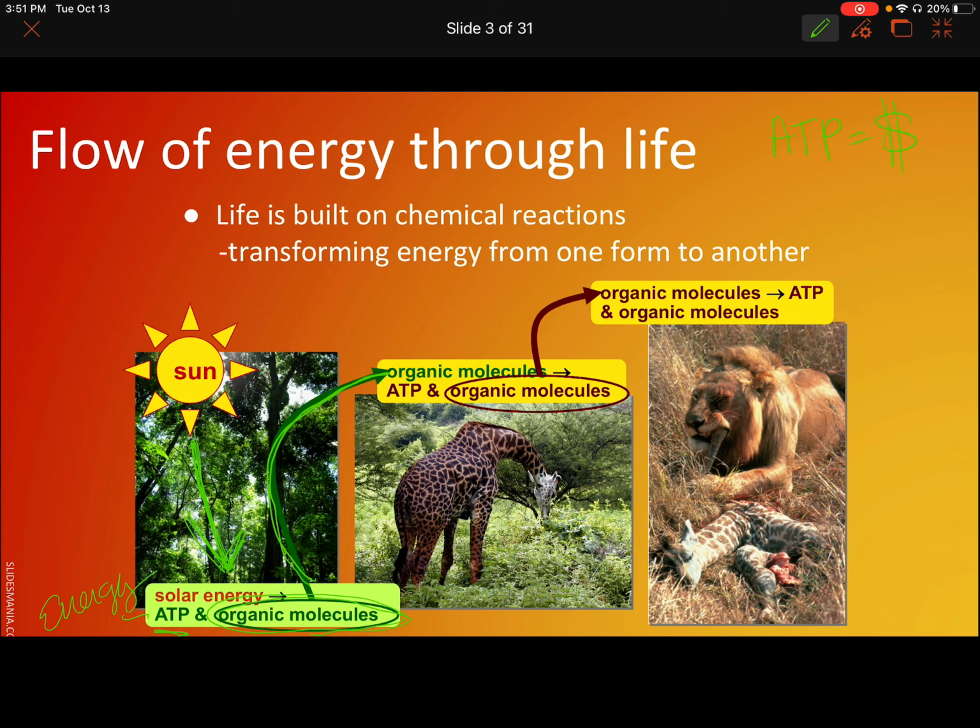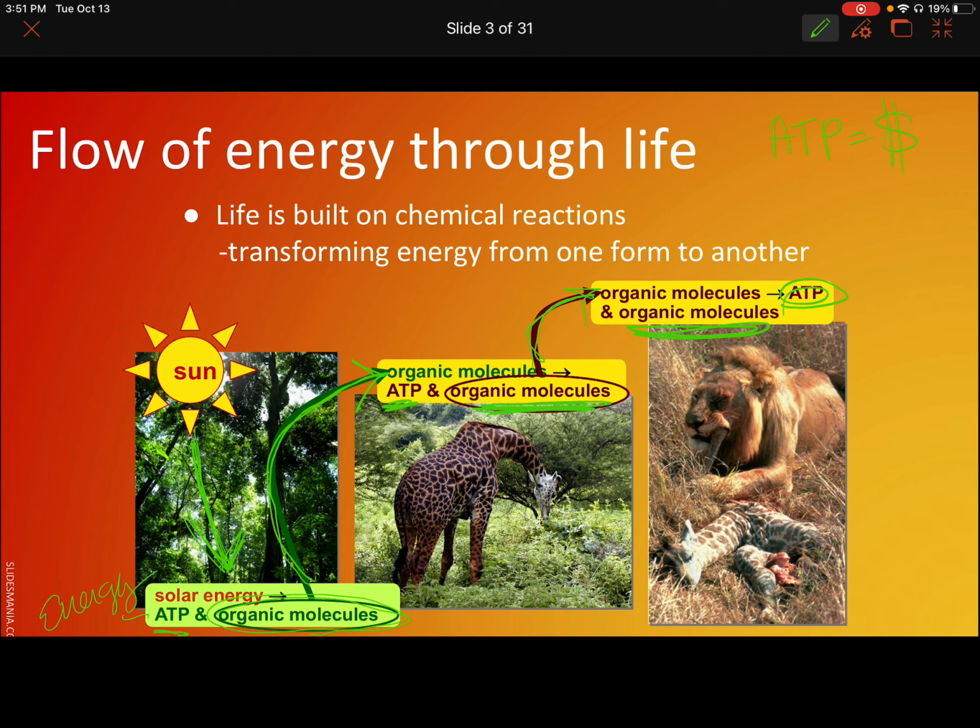Then those plants get eaten by, say, herbivores. These giraffes will eat the leaves that have made that ATP and organic molecules. Then the giraffe takes those in and performs cellular respiration and makes more ATP and different organic molecules. And then the poor little giraffe here gets eaten by the lion, and he makes ATP and organic molecules.